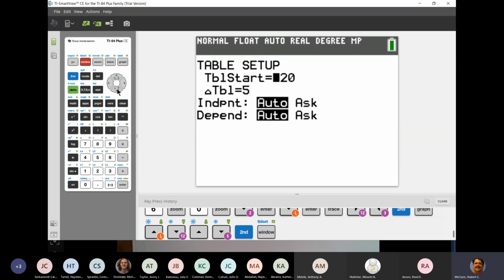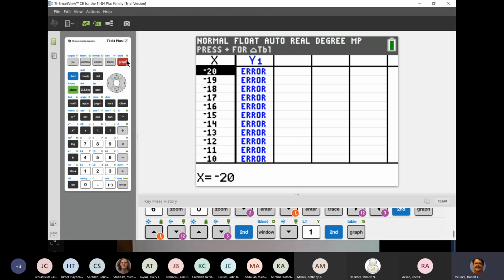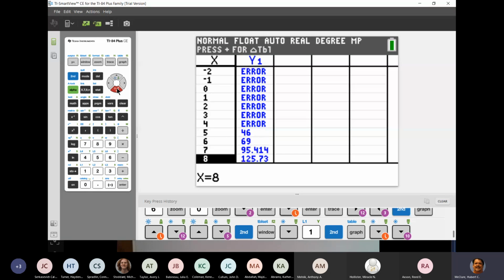Yeah, I don't like that. You might want to change that to like 1. There we go. And now you can go, what is f of 6? What is f of 7? What is f of 8, 9, and so on.